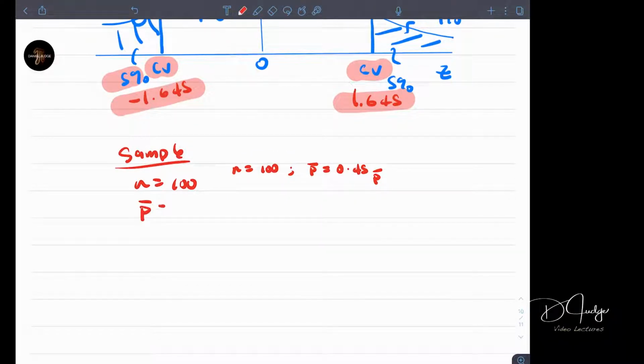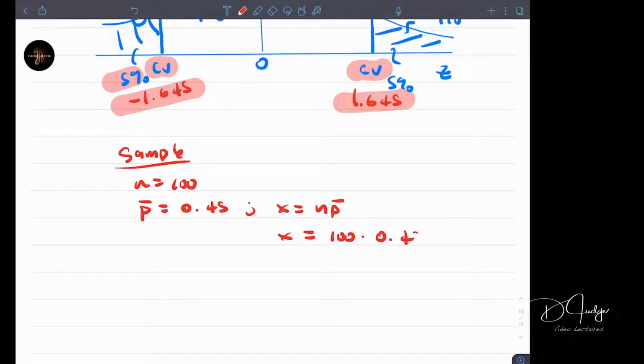So notice again, they gave us the sample proportion, which is fine, 45%. But we need the X value if we're going to use the TI. So X will be N times the sample proportion. We're going to approximate to the nearest whole number. So 100 times 0.45, I don't need to use a calculator. I know that means X is 45, okay?